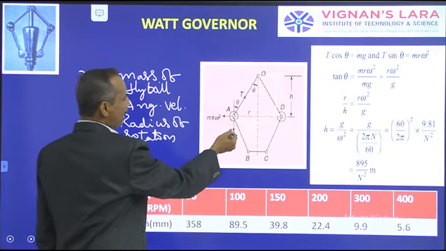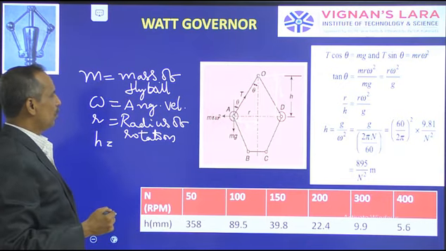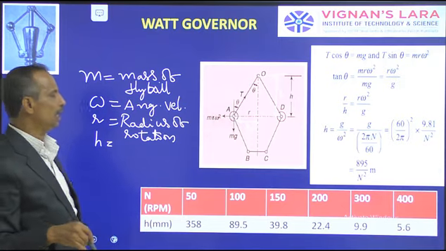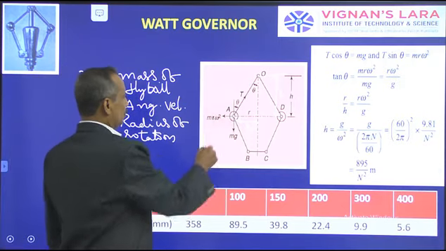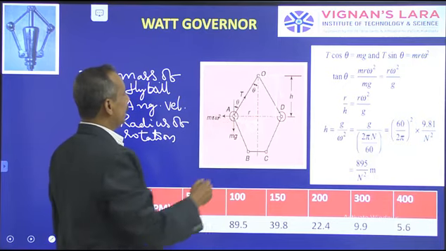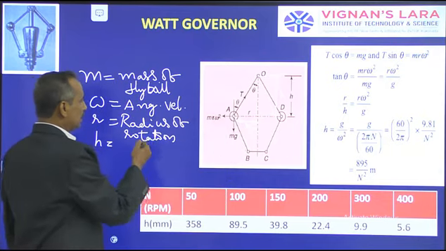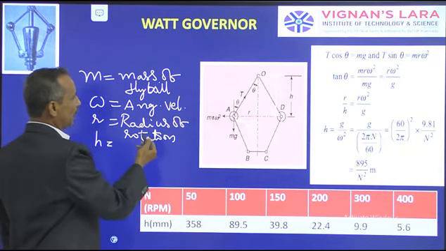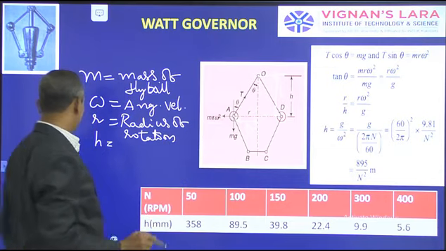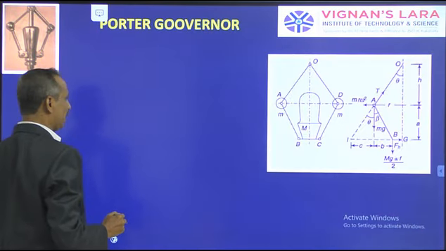The mass always produces a force on a body in the downward direction due to gravity, that is mg downwards. It is revolving with a certain speed n, that is rpm, so omega. Then it causes a centrifugal force, m r omega square, and we are aware of it.